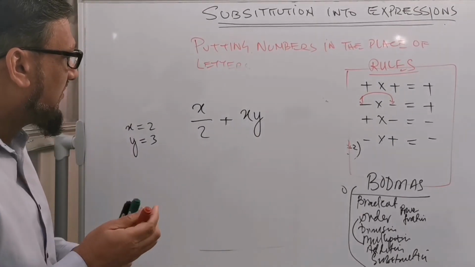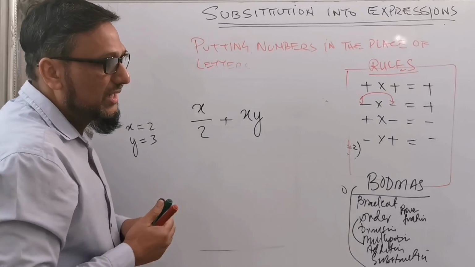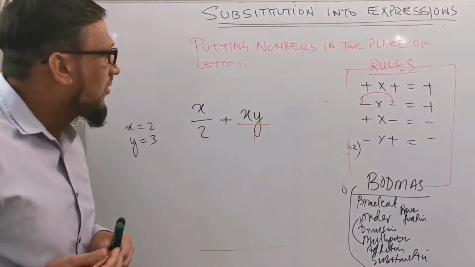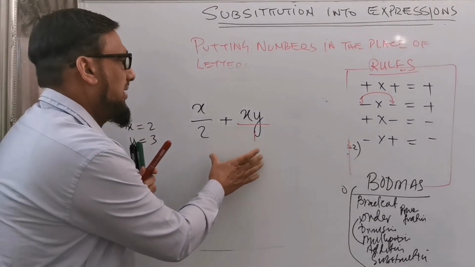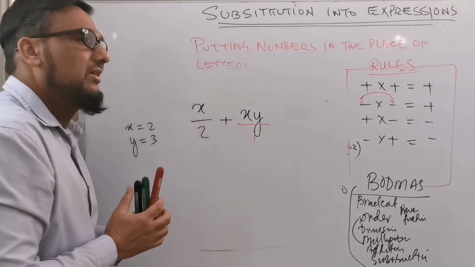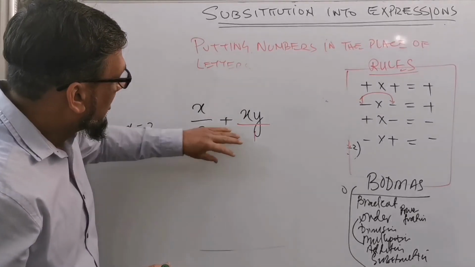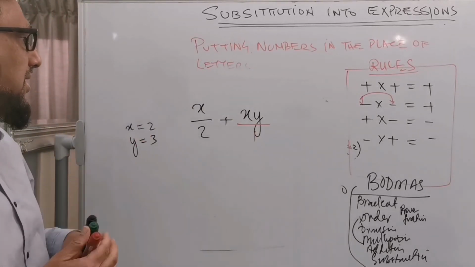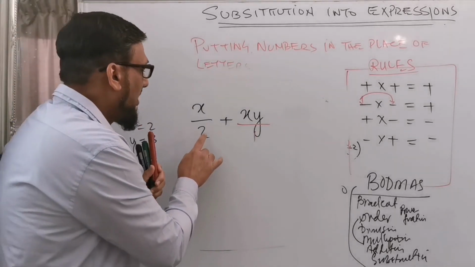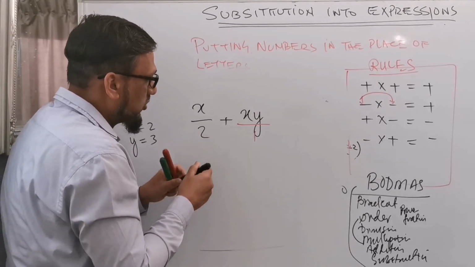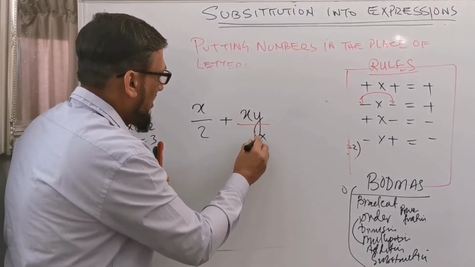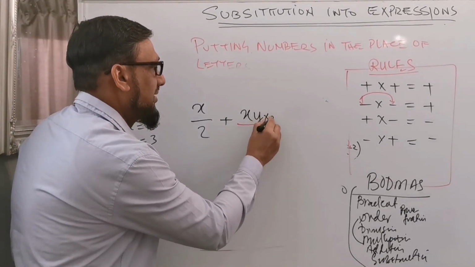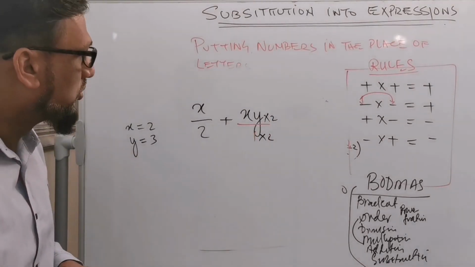How do we simplify? As we know about fractions, if nothing is there, it means there is a 1. Whenever we are solving fractions, we need to make the denominators the same. There is a 2 there, so I need to times by the equivalent fraction, times by 2, and also times this one by 2.